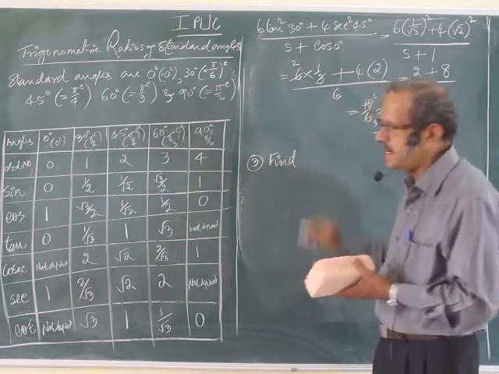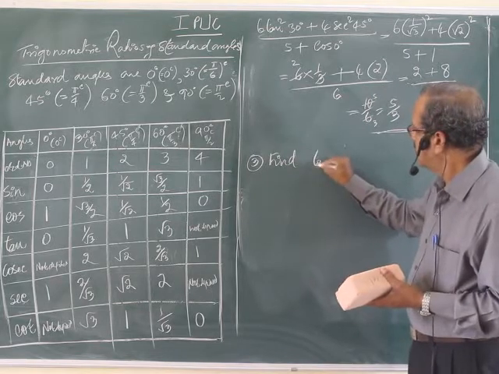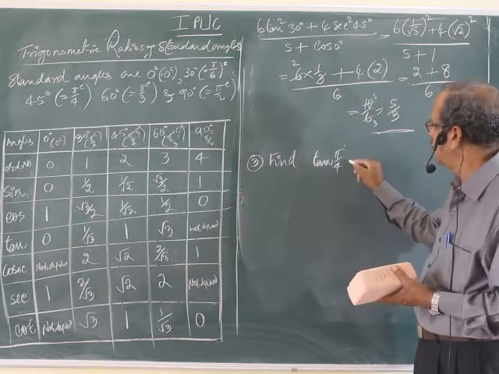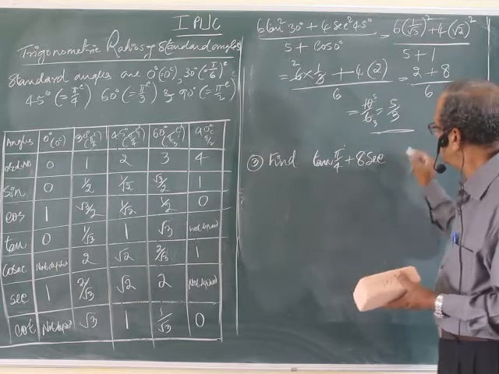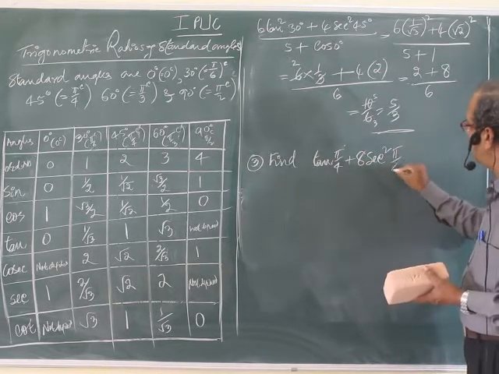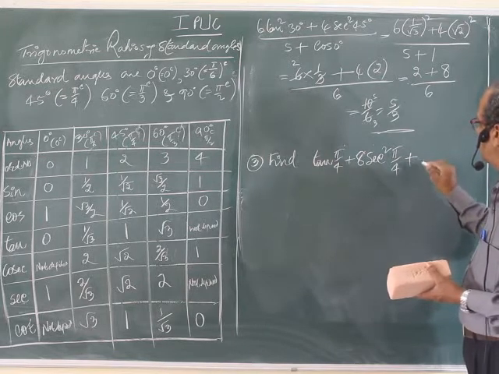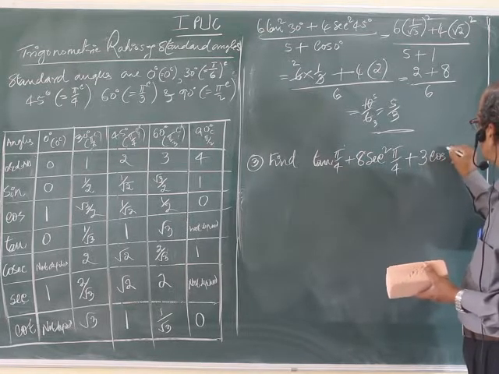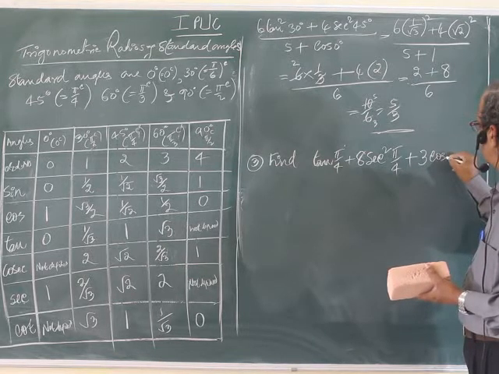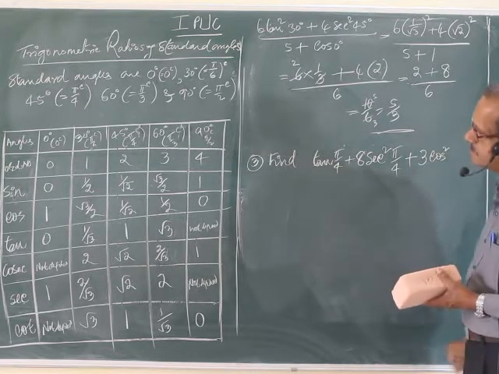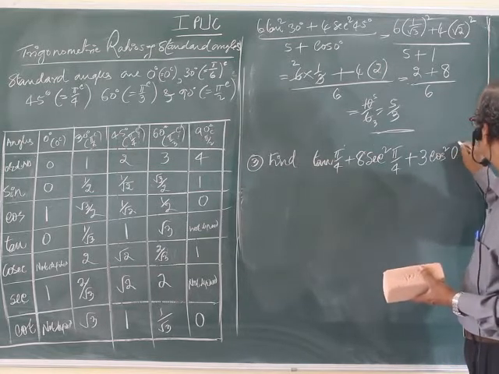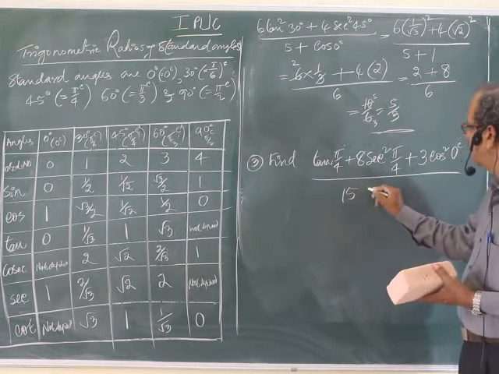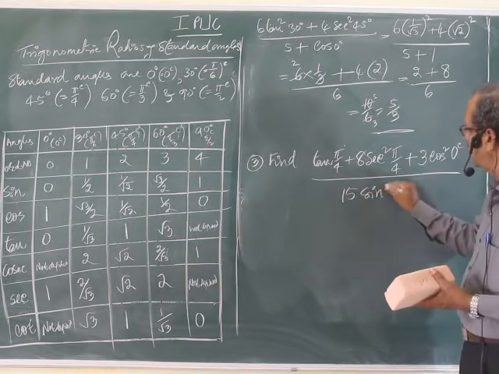Find tan pi by 4 plus 8 secant square pi by 4 plus 3 cos square 0, all are in radian, remember, divided by 15 sin square pi by 2.